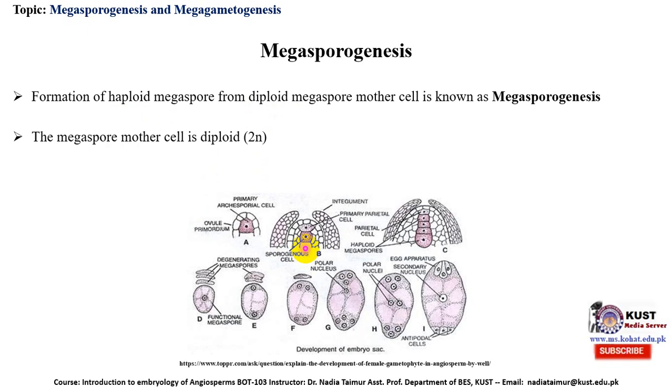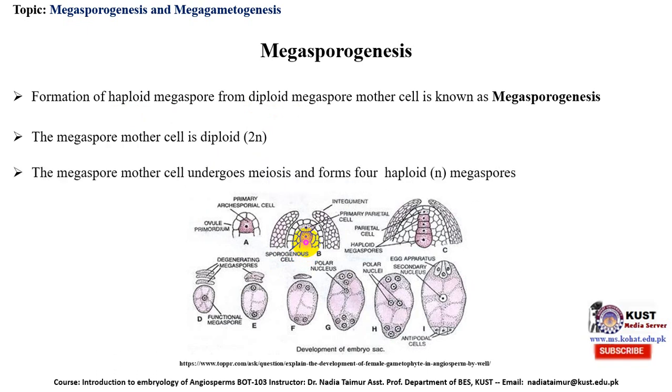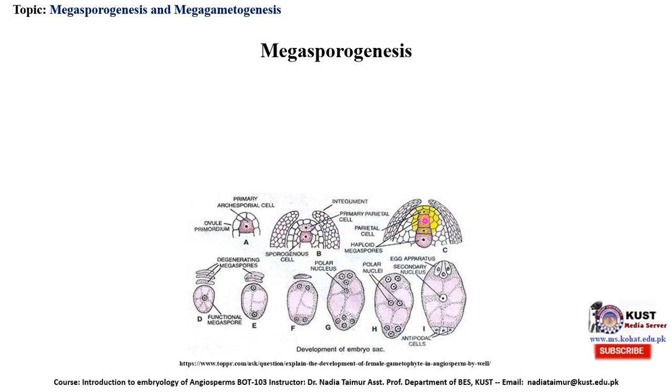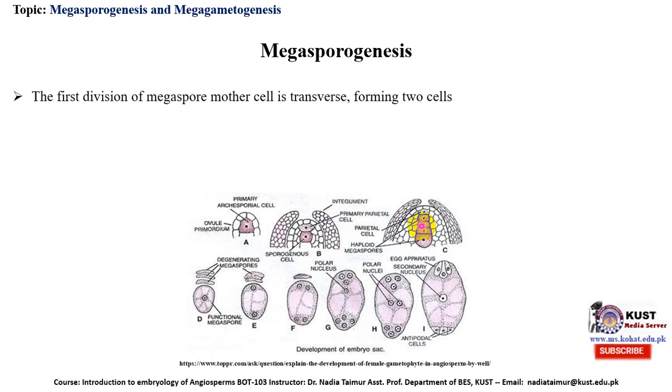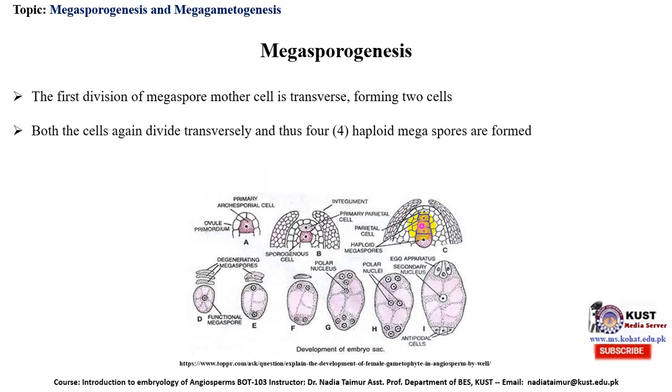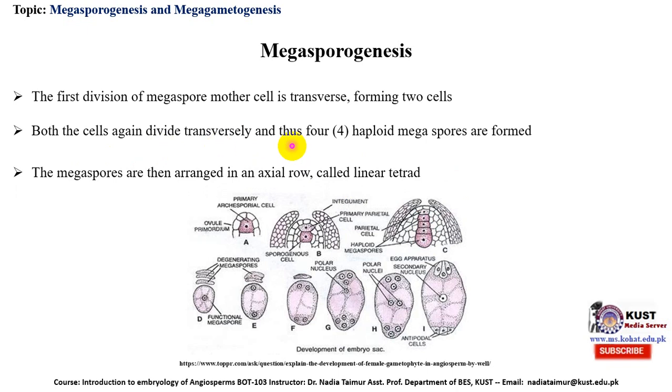The megaspore mother cell before meiotic division is diploid and then undergoes meiosis and forms 4 haploid megaspores, which are shown here. The first division of megaspore mother cell is transverse, forming 2 cells. Both the cells again divide transversely and thus 4 haploid megaspores are formed. The megaspores are then arranged in an axial row called linear tetrad.